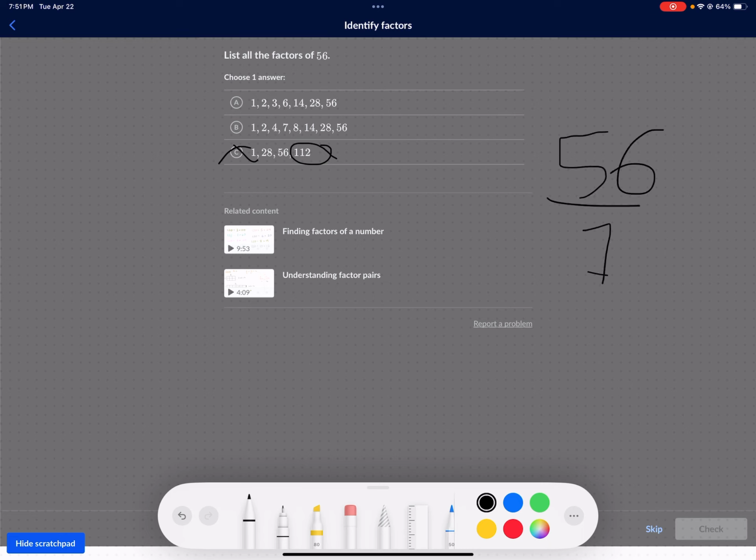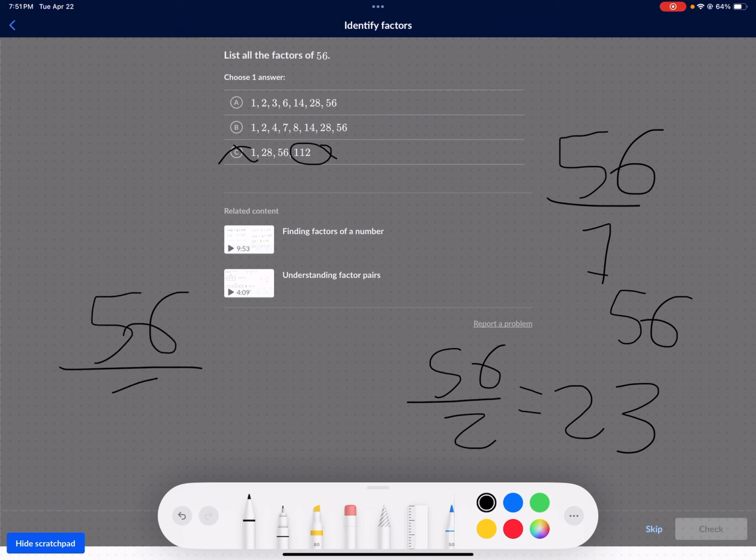So now we have to decide. 56 over 1. Is that a whole number? Yeah. 56 over 2. Yep, that's a whole number. 56 over 3. Is this a whole number? I don't think this is a whole number. Oh wait, I don't have a calculator.